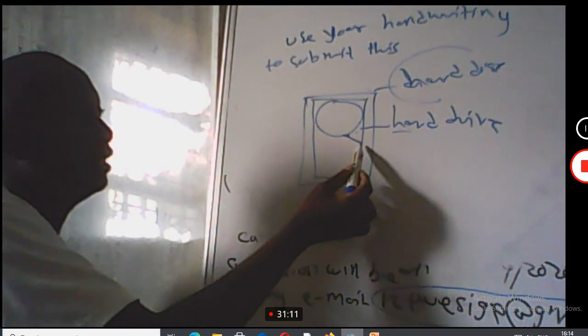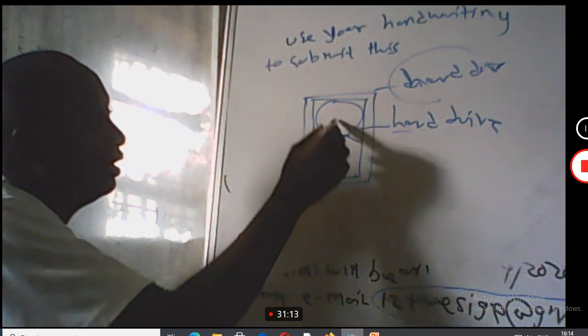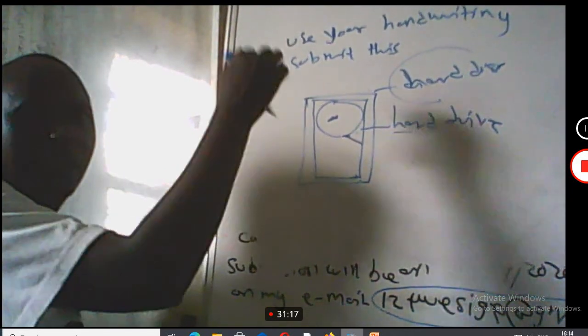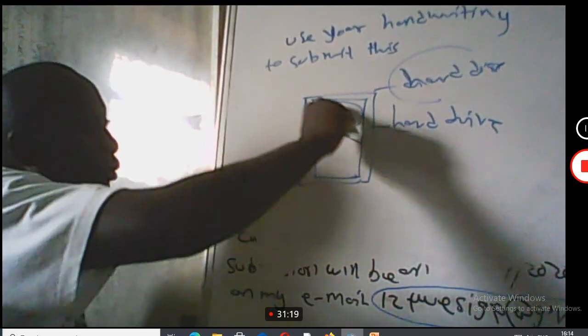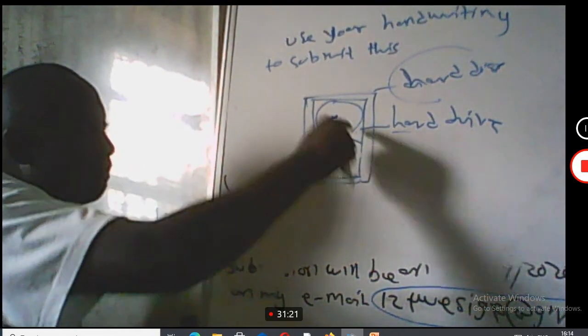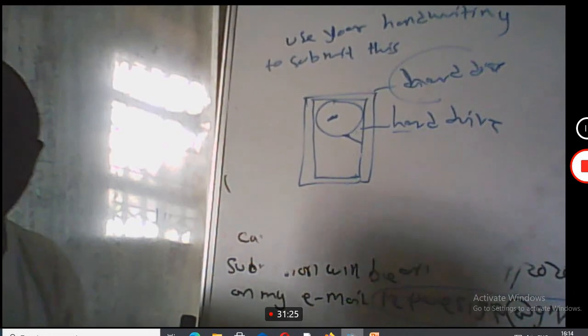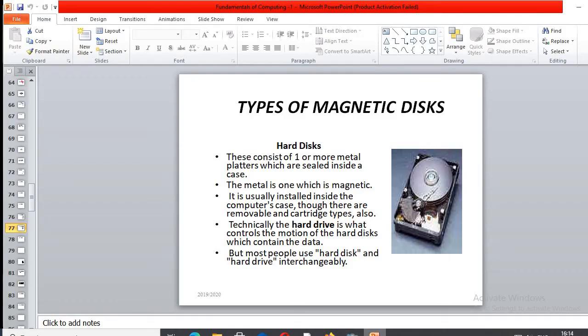So this one here, as it is running, has a hole here holding it, a pin that is holding it there. As this one runs, this one will be running. As this one moves, this one will be waiting on it. Are you getting that? Yes. Well, now, it contains the data, but most people use hard disk and hard drive interchangeably.